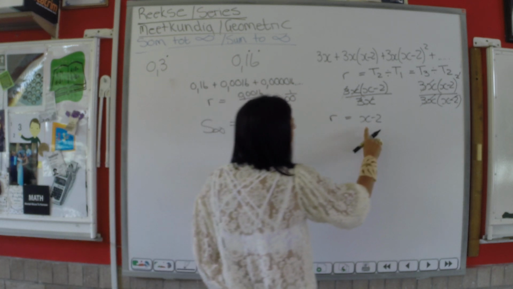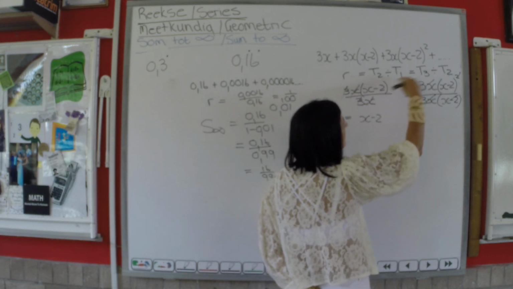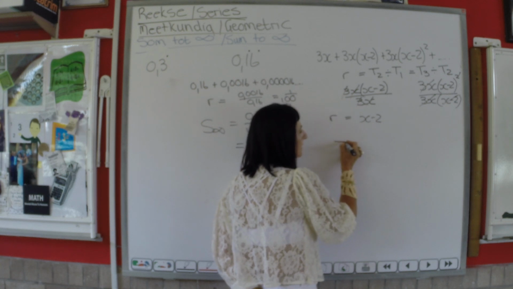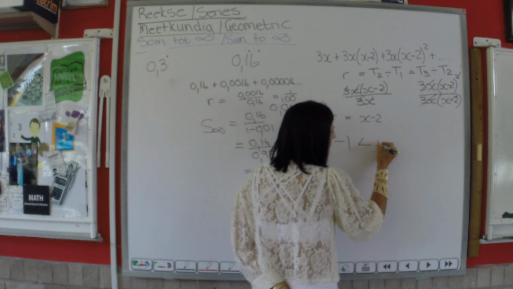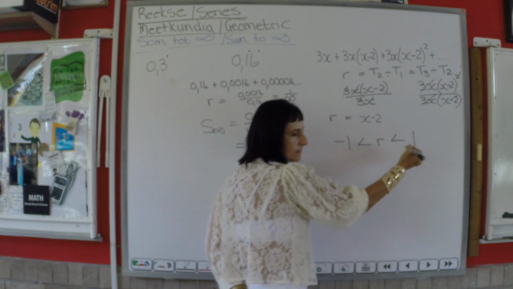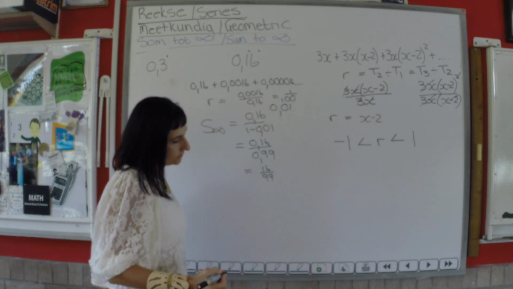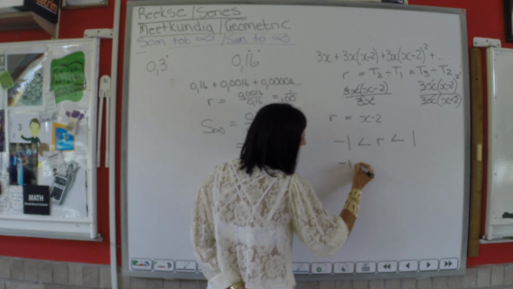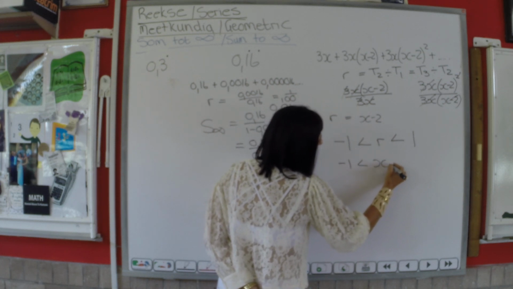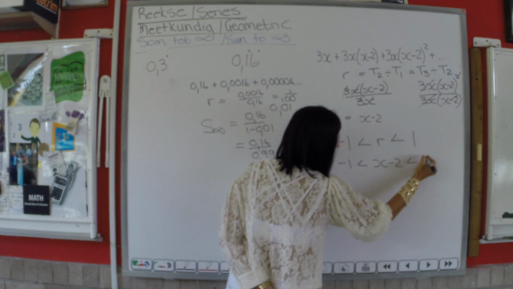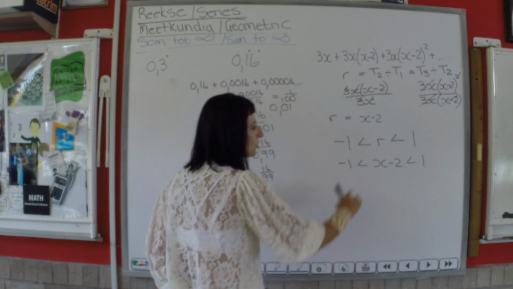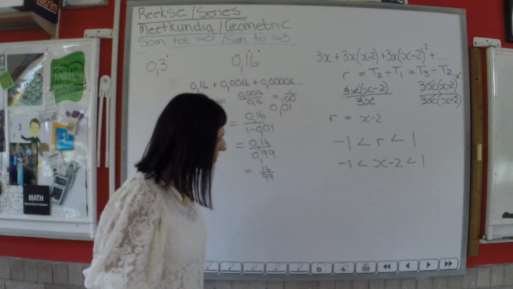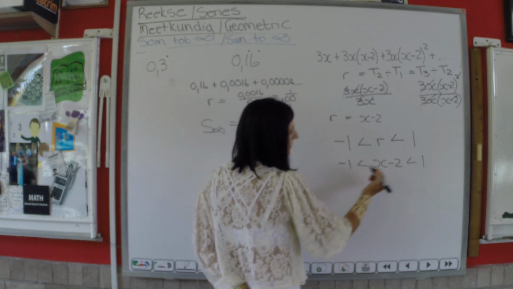So ons weet dat hierdie R-waarde, omdat hierdie 'n konvergerende meetkundige reeks is, moet hy lê tussen min 1 en 1. That's learning work. It's a converging series. So I'm going to substitute the value of x into the place of r. X minus 2 and r equals, en nou gaan ek vir x oplos. Dis 'n ongelykheid wat ek moet oplos. So ons het dit ook geleer in graad 10 al.